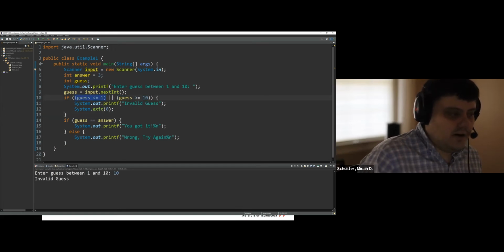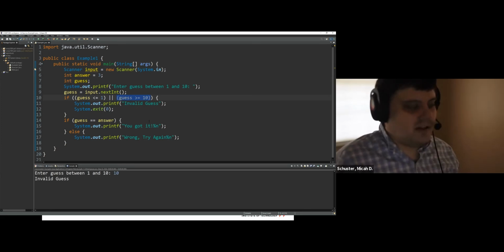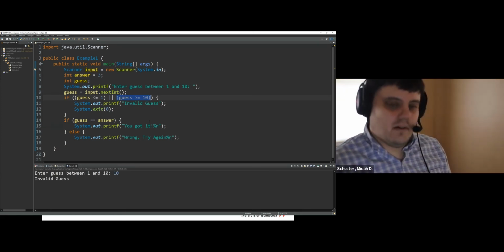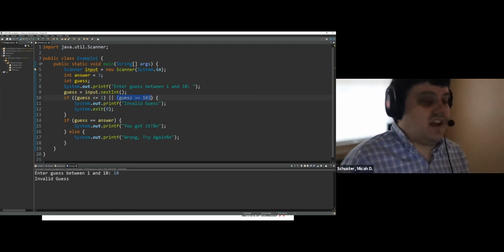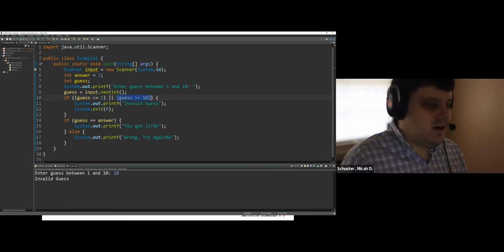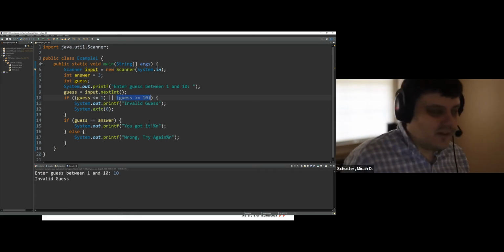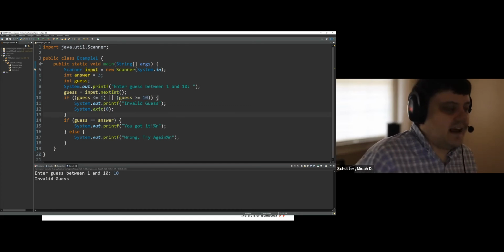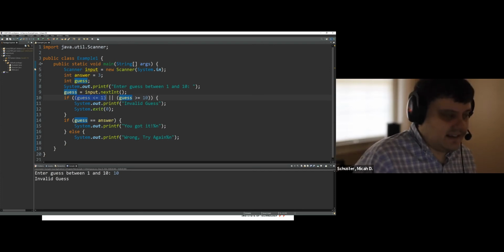If you see one of these complex Boolean expressions, the things that we talked about last time, it's worth saying them out loud, or reading them out loud to yourself, so that it will hopefully make sense as to what it's trying to do. Guess less than or equal to 1, or greater than or equal to 10. The equal to here might cause a problem, because if guess is 1, then this is going to be true. Guess is less than or equal to 1.